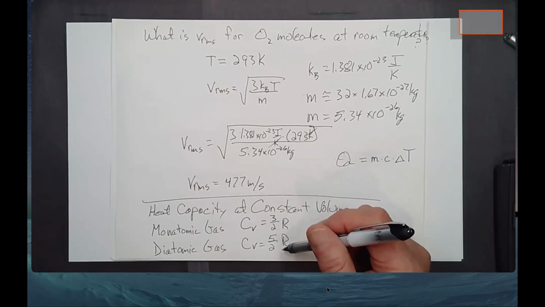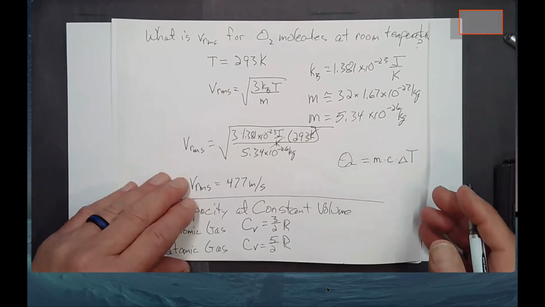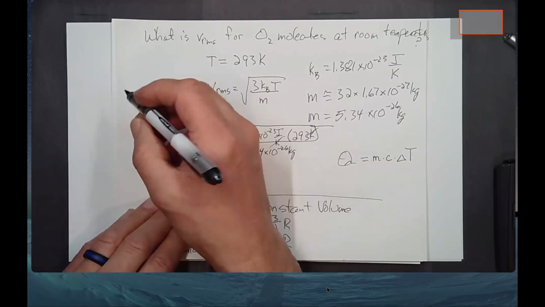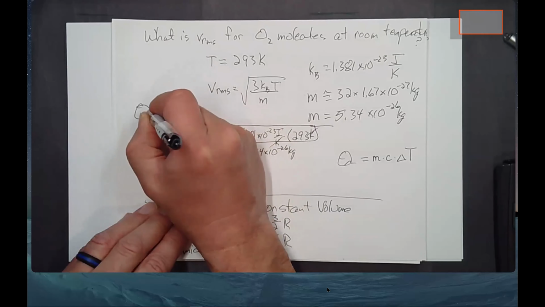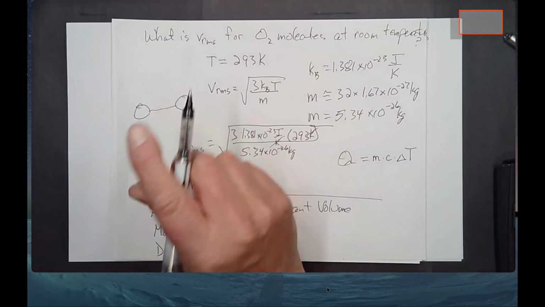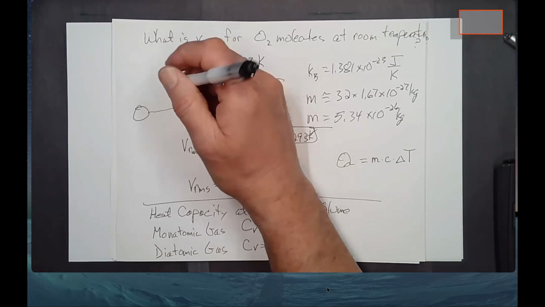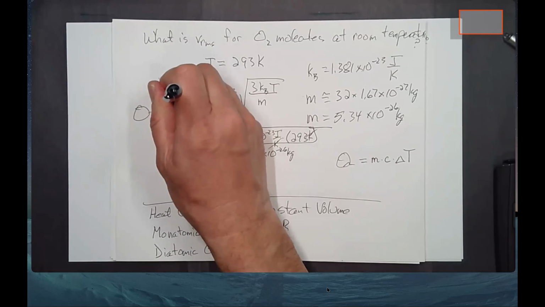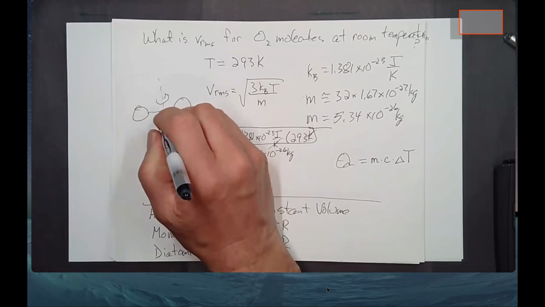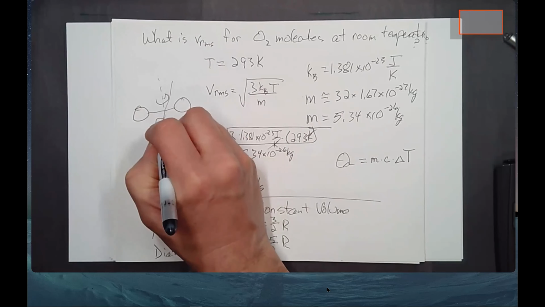But a diatomic gas looks like a little dumbbell, so you've got 2 atoms like that. They can also have rotational degrees of freedom. So the diatomic molecule can rotate about this axis, or you could draw another axis here and it could rotate about that axis.